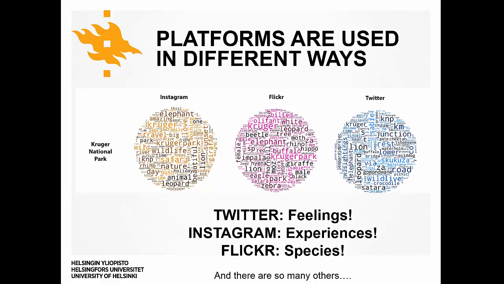So professional photographers, for example, tend to be using Flickr, and that data is very interesting for many purposes, for example when analyzing species. And then Twitter is more about discussion, feelings and participation, also from outside of an area like a national park, so people comment on matters related to the park even if not being there.